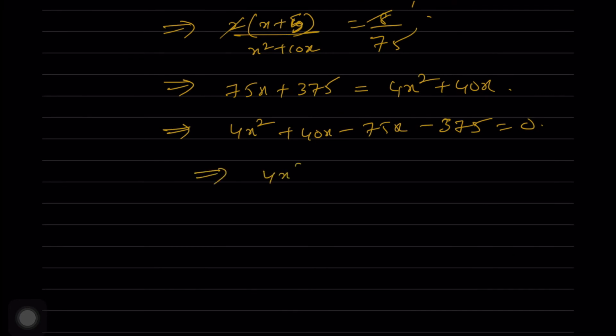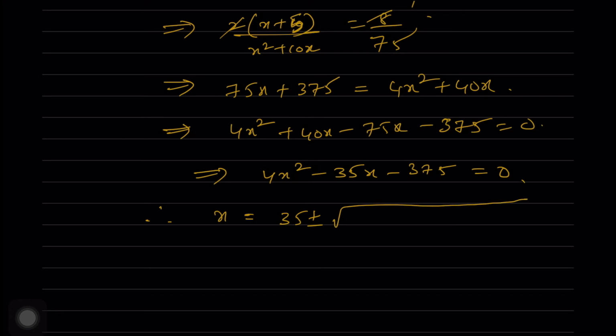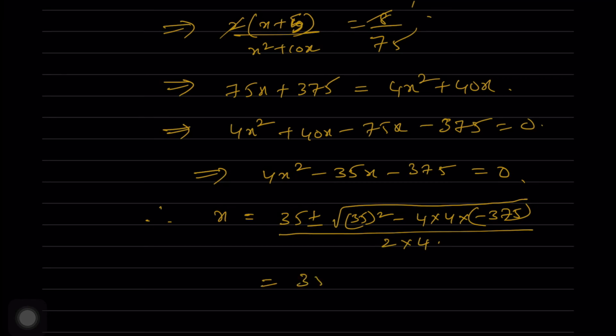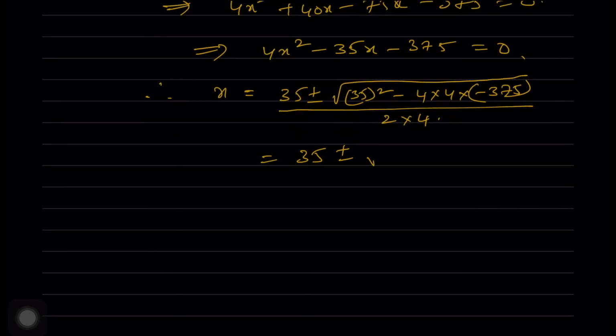Or which implies 4x square minus 35x minus 375 is equal to 0. Therefore x is equal to 35 plus or minus under root of 35 whole square minus 4 into 4 into minus 375 divided by 2 into 4, which is equal to 35 plus or minus root of 1225 plus 6000 divided by 8.